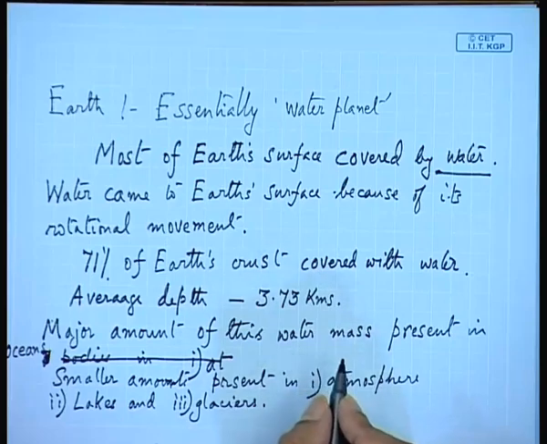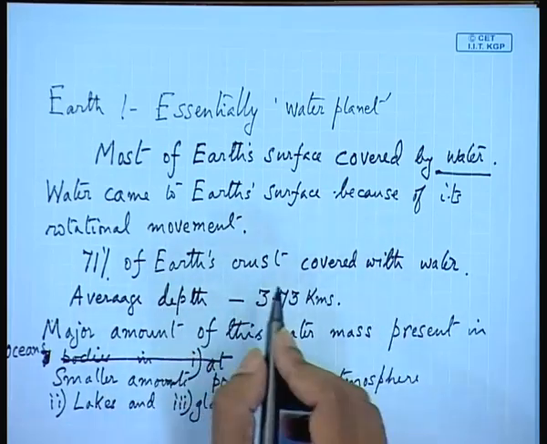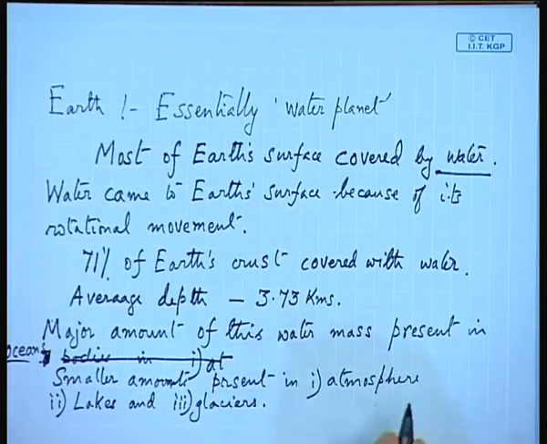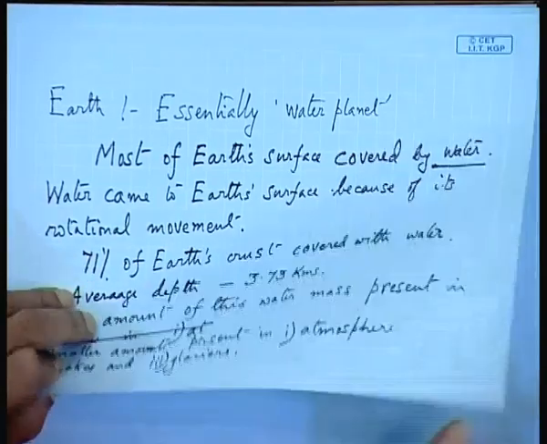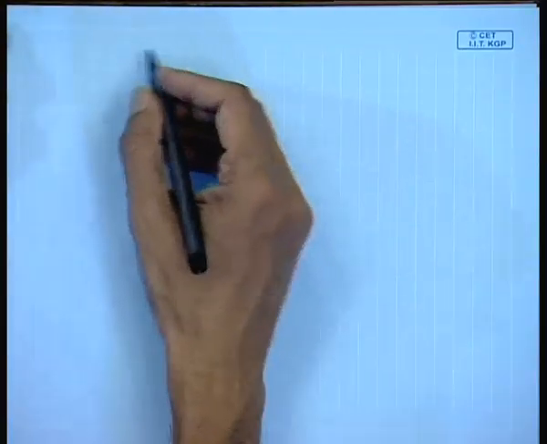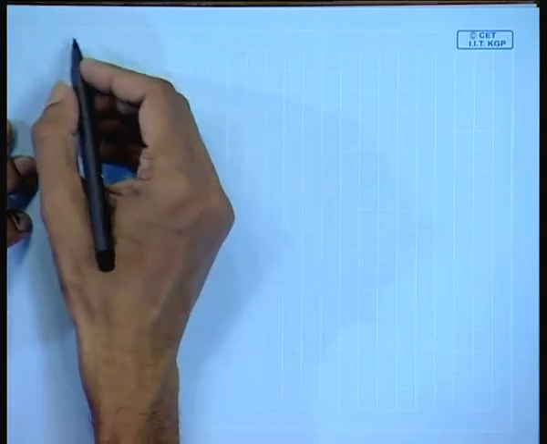So, the large portion of this 71% of the earth's crust is covered by the oceans, and the smaller amounts are to be found in the atmosphere, lakes and glaciers.